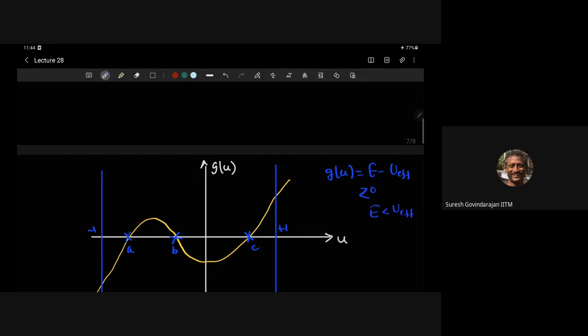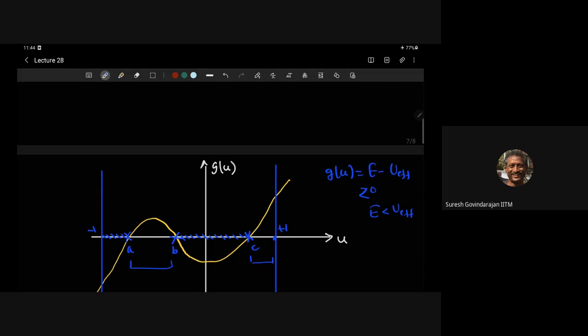Is that an accessible region? No, so this is not an accessible region. Similarly, this is not an accessible region. This and this are boundary points, so that will also be accessible.